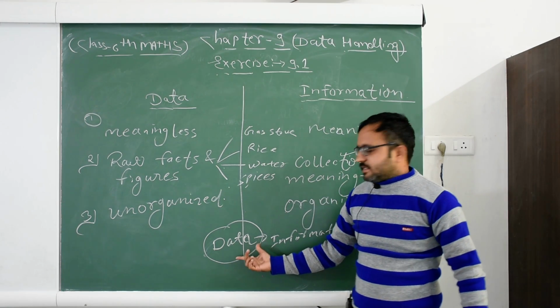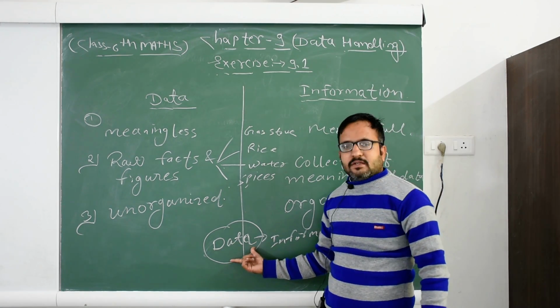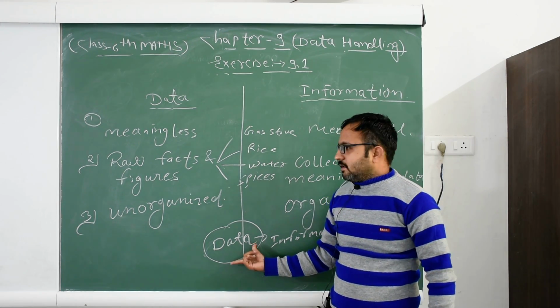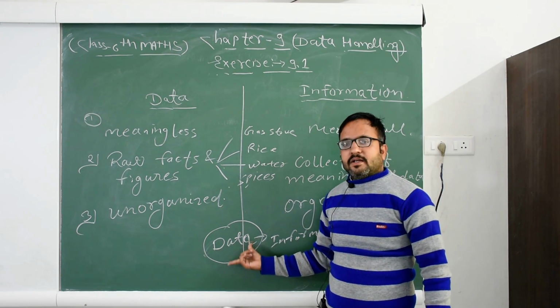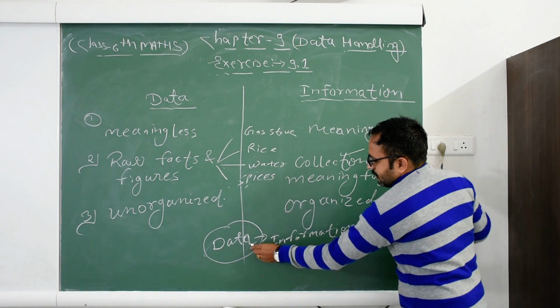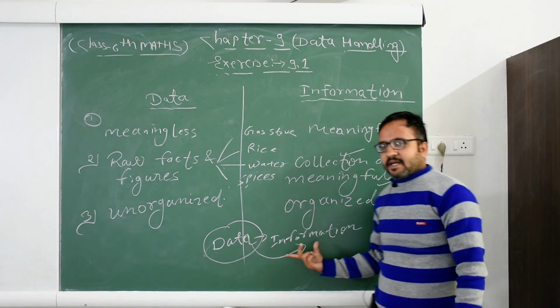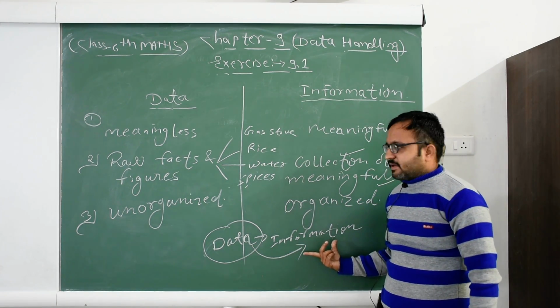At the starting point we have different types of data, but this is meaningless, okay, but after applying the specific operation we get a meaningful object as information, okay.